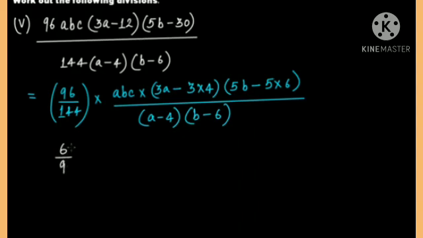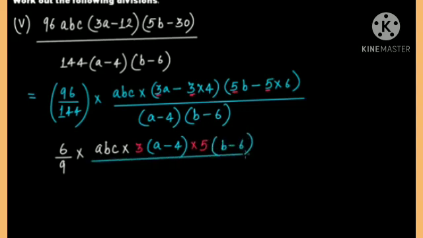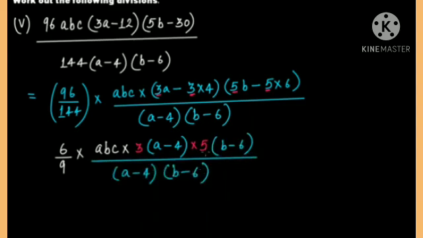So this is 6 by 9 multiplied by ABC, that is A multiplied by B multiplied by C, and then multiplied by this 3 is common, so take this 3 out, and then you have A minus 4. Now this 5 and this 5 are common, so take that out. 5 B minus 6, and this is A minus 4 B minus 6.